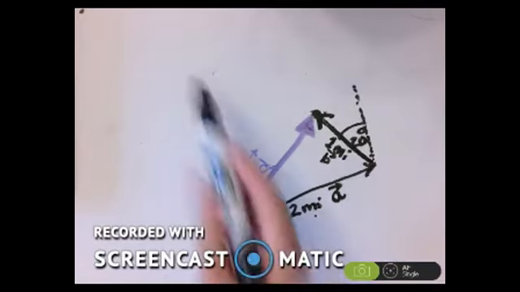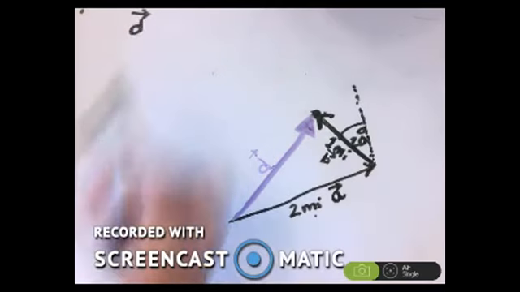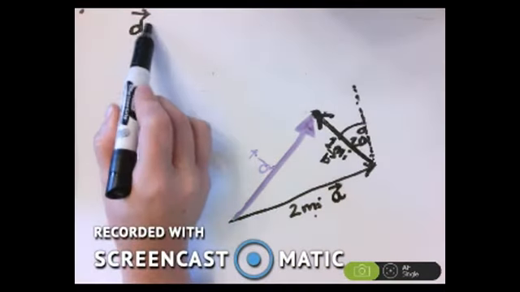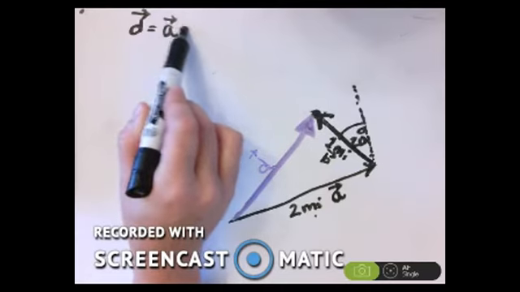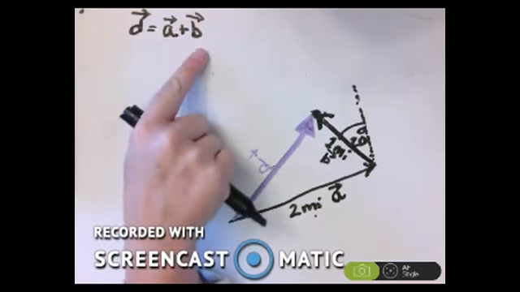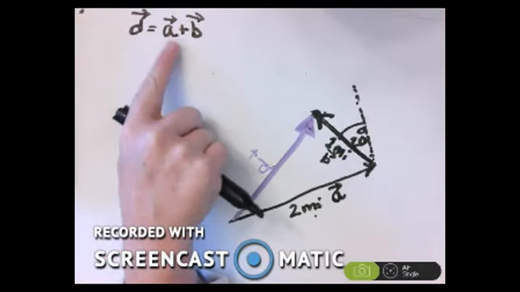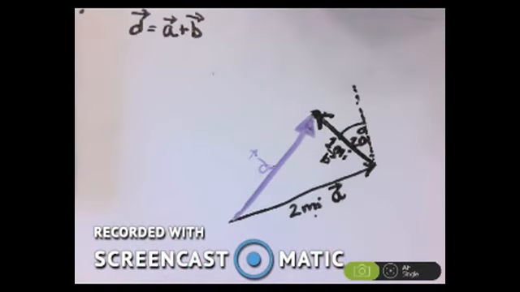Now, what I ultimately know is that my total displacement vector is equal to vector A plus vector B, the two legs of his journey. But I can't just add the magnitudes and get 3 because these vectors are not parallel.